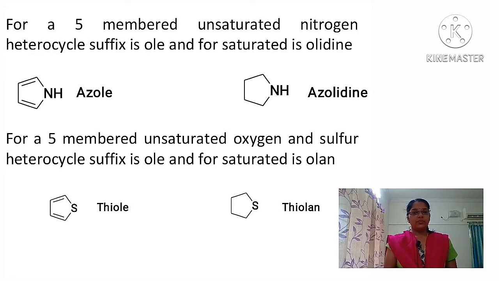So for a 5-membered oxygen unsaturated monoheterocyclic compound, it can be named as oxole. And if it is saturated, that is an oxygen monoheterocyclic compound, the name can be oxolane. And if it is sulfur, it can be thiole, and the other can be thiolane.